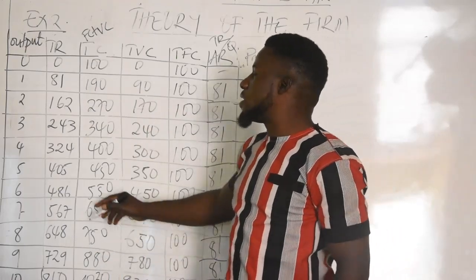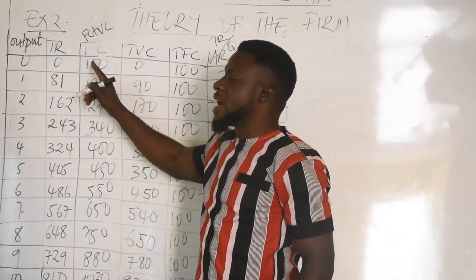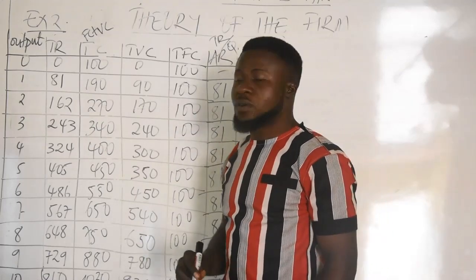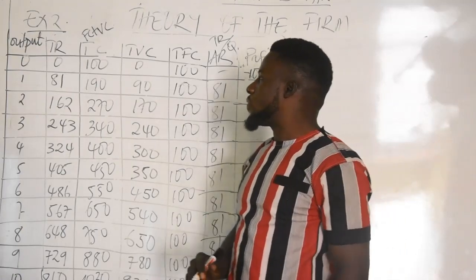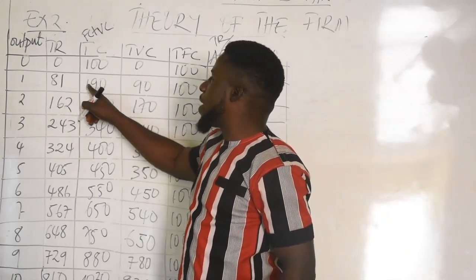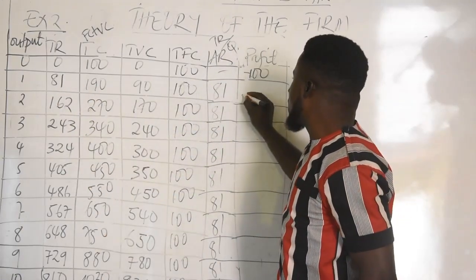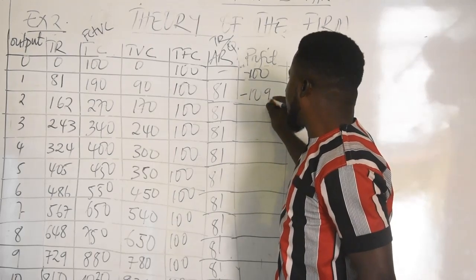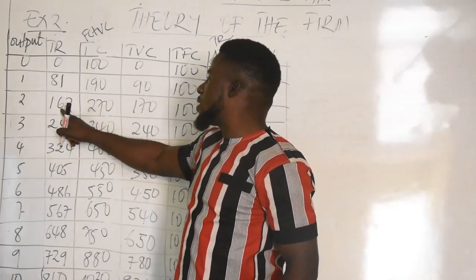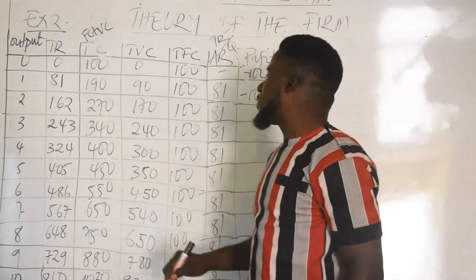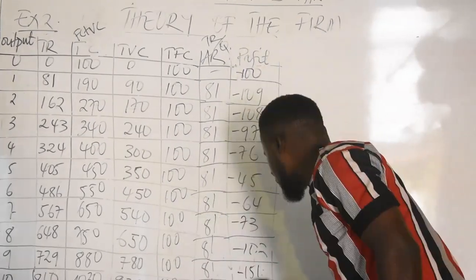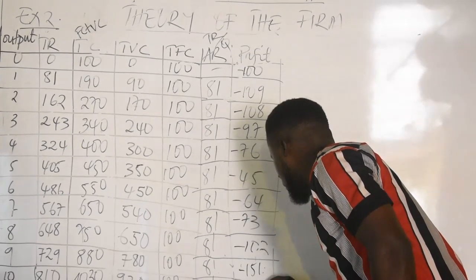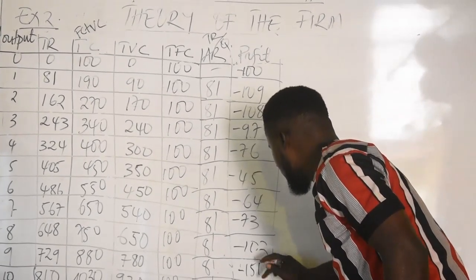So we'll be looking for the difference between them. 0 minus 100 gives us negative 100. That is our first amount of profit. We have 81 minus 190, which gives us negative 109. We have 162 minus 270, which gives us negative 108. Then negative 51, negative 220. Okay.